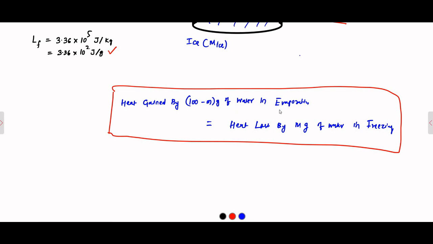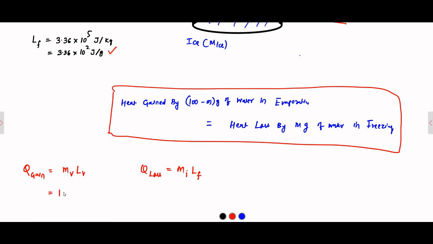So the heat gained by 100 minus m gram of water in evaporation, which converted into water vapor, is equal to the mass of vapor into the latent heat of vaporization, and the heat lost by the water which turned into ice in freezing is equal to the mass of ice formed into the latent heat of fusion.